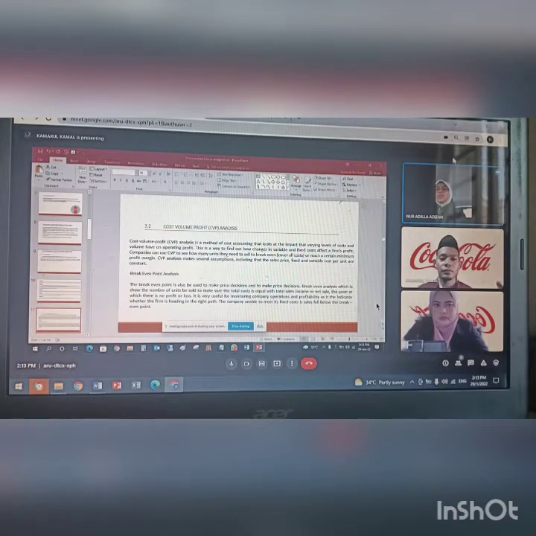We implement the cost-volume-profit analysis, a method of cost accounting that looks at the impact the varying level of cost and volume has on operating profit. This is a way to find out how changes in variable and fixed cost affect a firm's profit.